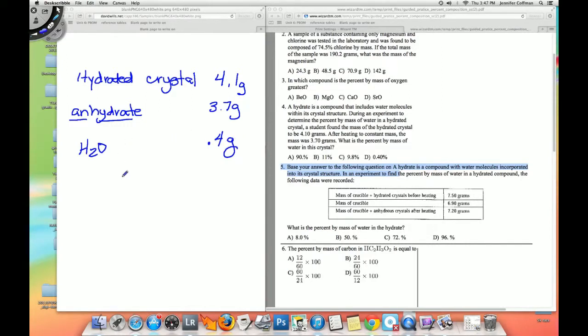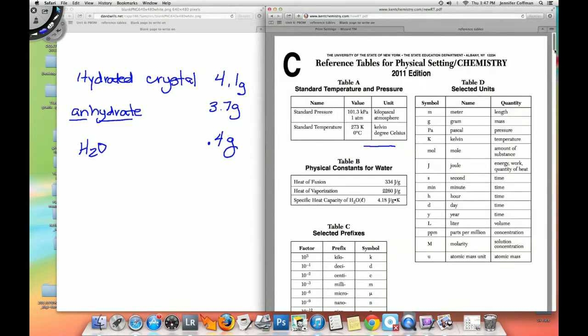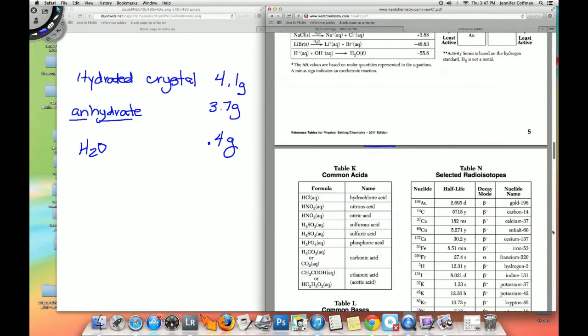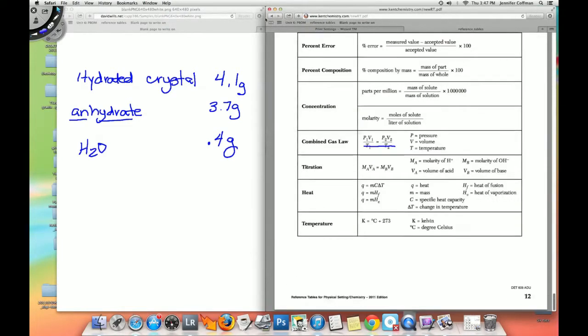Now we want to figure out the percent by mass of water in this crystal. We have everything that we need to do this, because we know our formula for percent composition by mass, right here on the reference table, is the mass of the part, which is the water, over the mass of the whole thing.